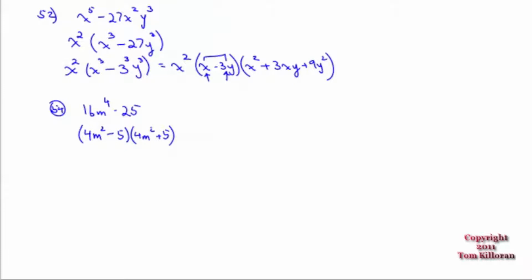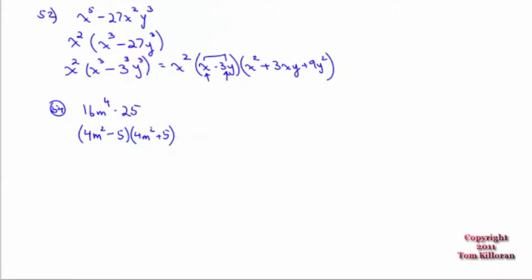Now here's the scary part. Obviously 4m squared plus 5 will never factor because it's a plus. Is it possible in some weird way that 4m squared minus 5 could factor? I'm guessing yes, because you asked. It's possible, except the 4 works fine, the m squared works fine, except the 5 doesn't work really fine, over the rational numbers at least.